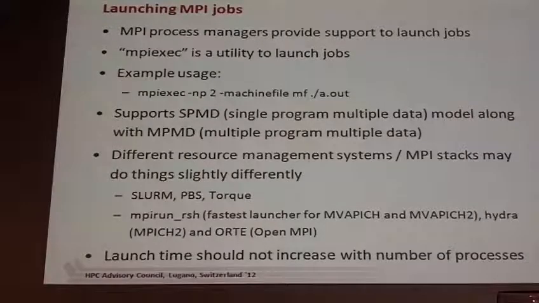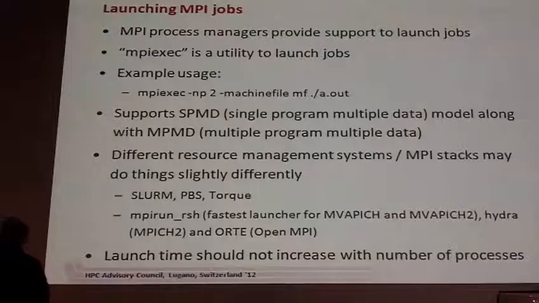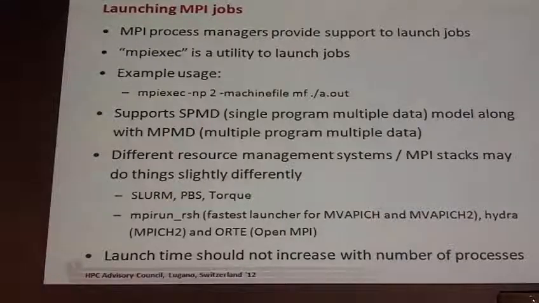And when the TACC Ranger, which many of you might know, with 64,000 cores, was one of the very largest systems deployed, the MPI library was sometimes taking several minutes, 9 or 10 minutes, to start a job. And that is clearly not acceptable.